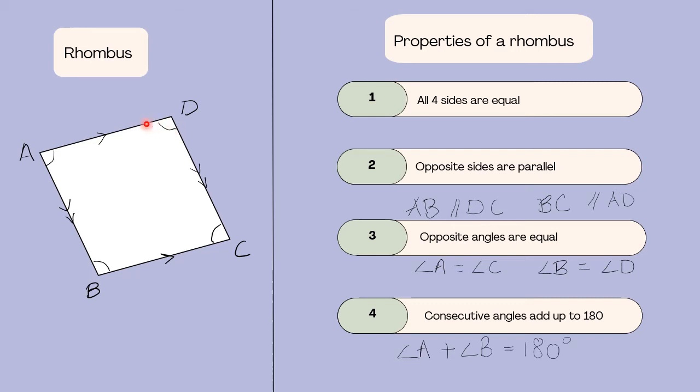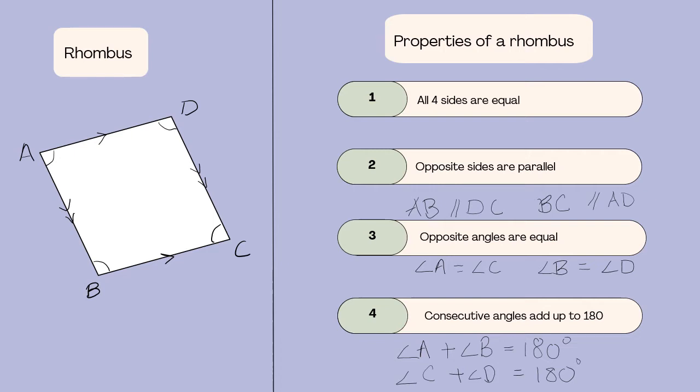Same goes for angle D and angle C. Both of them make up a sharp C shape. So you know that when you add them together, angle D plus angle C, they are equal to 180 degrees. So that is the last property of a rhombus that you need to know.